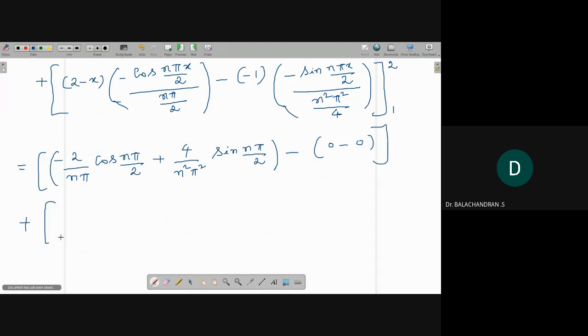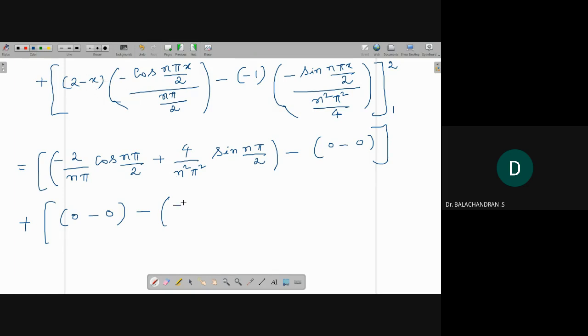And then second integral, when x is equal to 2, 2 minus 2 is 0. And then minus, minus, minus. When x is equal to 2, the 2 gets cancelled, sin n pi is 0. Minus lower limit. When x is equal to 1, 2 minus 1 is 1.